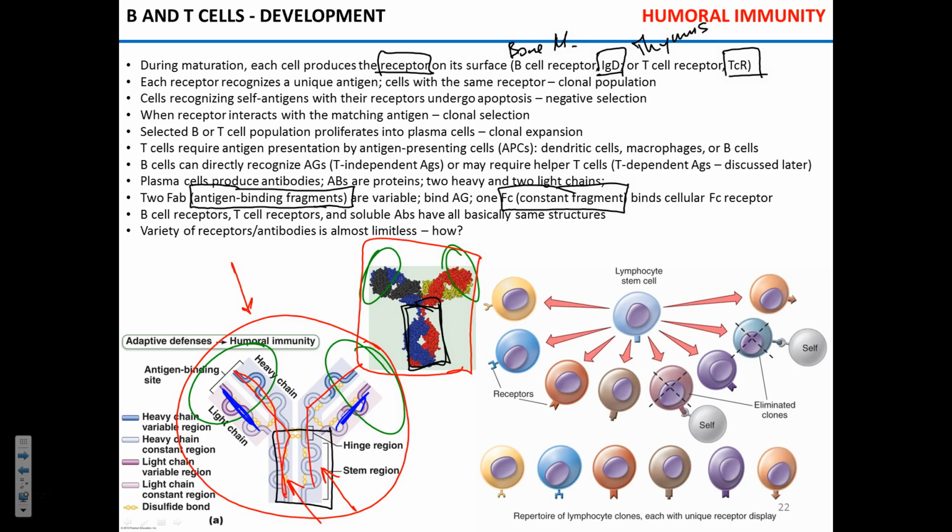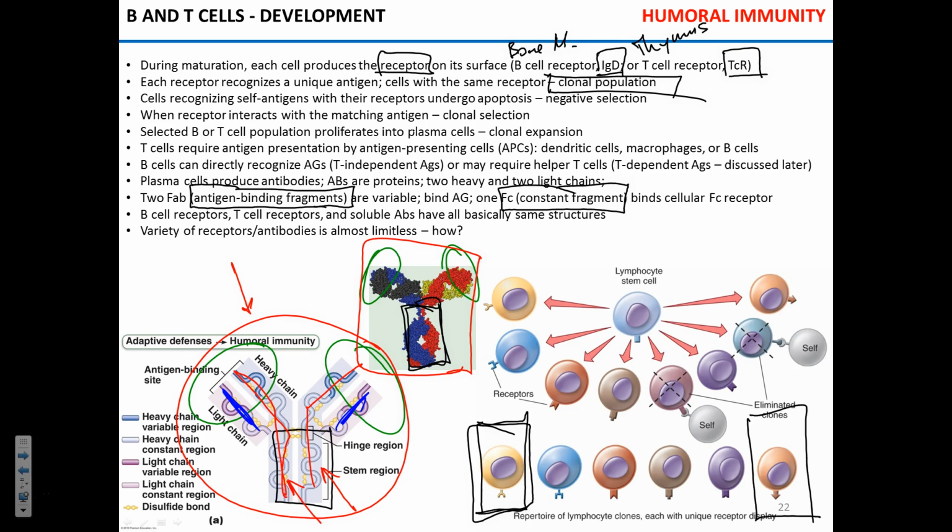Does that make sense? Now, if we have 100 cells that are identical, say 100 B cells that are identical and have the same receptor on the surface, this is called a clonal population. Okay, so if you look at the right bottom side, this cell will represent a particular clonal population.